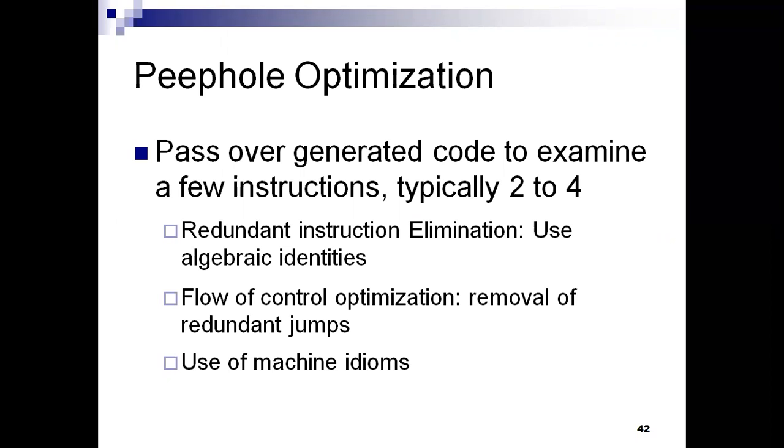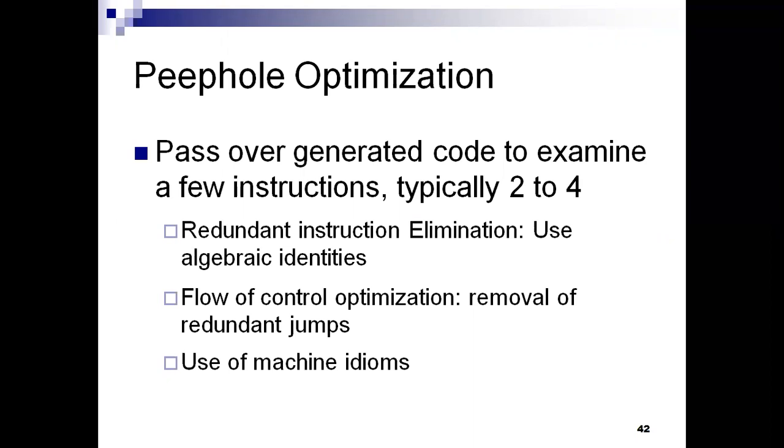This technique is applied to improve the performance of the target code just by examining short sequences of the target instructions and replacing them with shorter or faster sequences. This is the definition of peephole optimization.